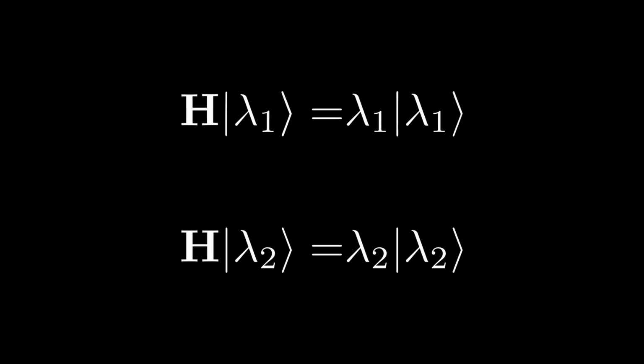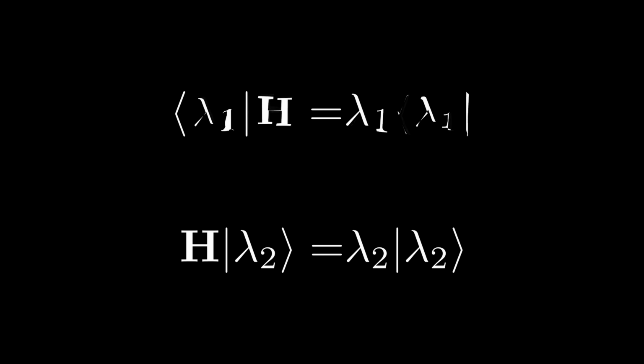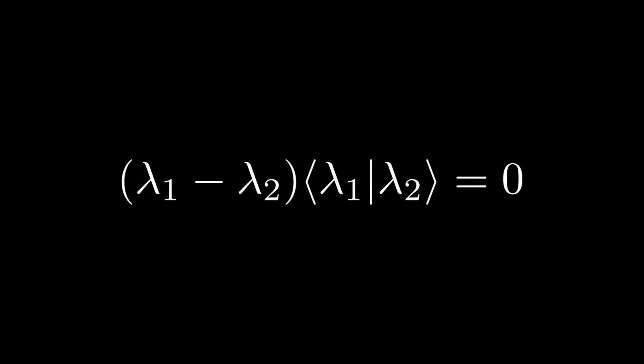For the first equation, we convert ket vectors into bra vectors. Again, we multiply ket vectors and bra vectors respectively to the two equations. If the scalars lambda1 and lambda2 are not equal, then the inner product of the eigenvectors lambda1 and lambda2 must be 0. For now, we have proved the property.